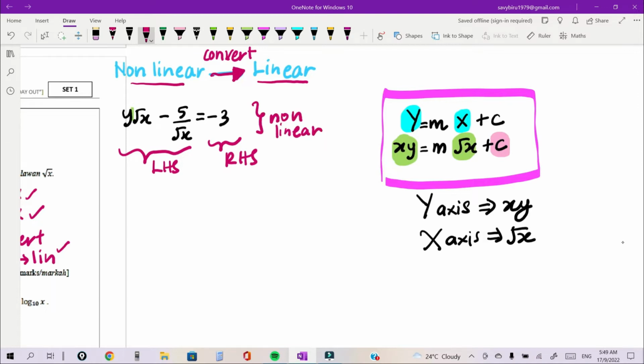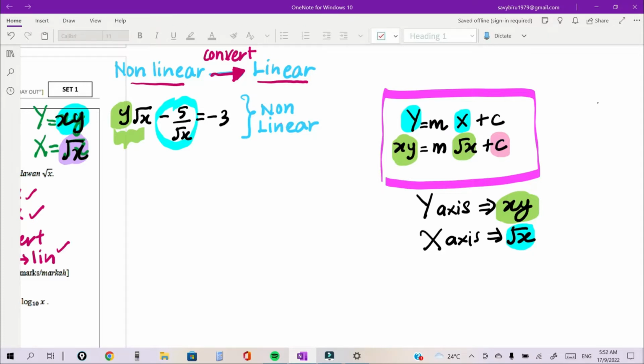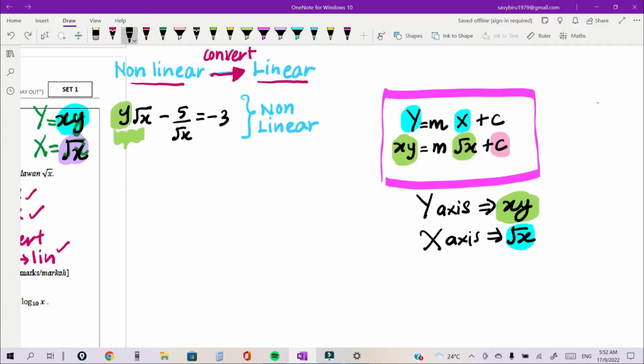On the left side, make it xy, and on the right side, make it √x. Now we already have y here, so don't touch this term anymore. The one we don't want, we move to the other side. When we bring it to the other side, negative becomes positive.